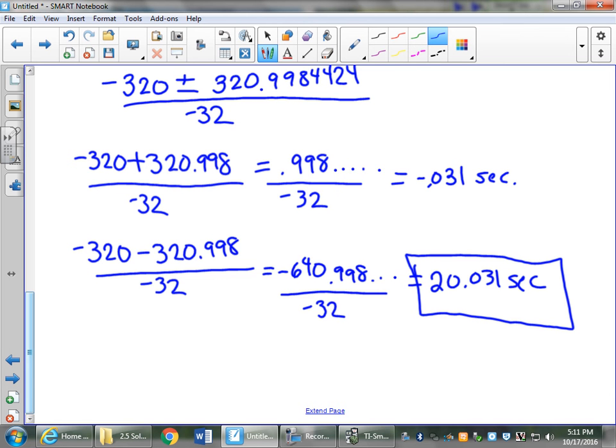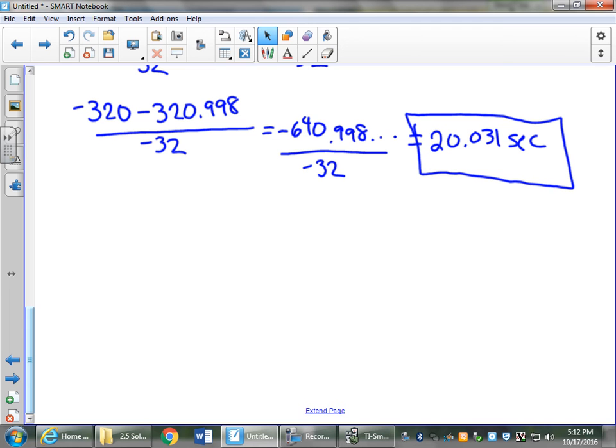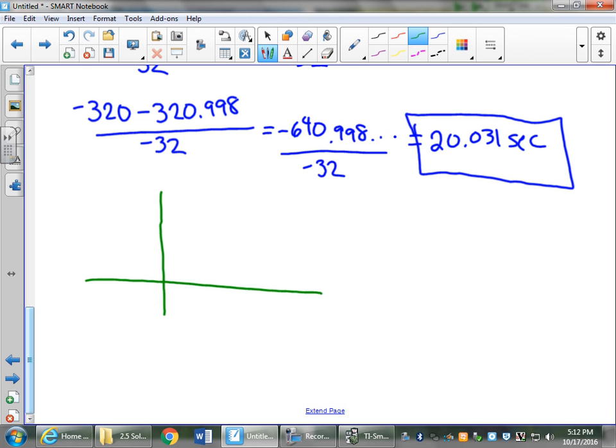Okay. So before I have you guys work on the practice worksheet, I really want to just emphasize when you're reading a real world problem, because eventually these are going to be mixed up with like the vertex ones, you have to think about what part of the parabola it's asking for.